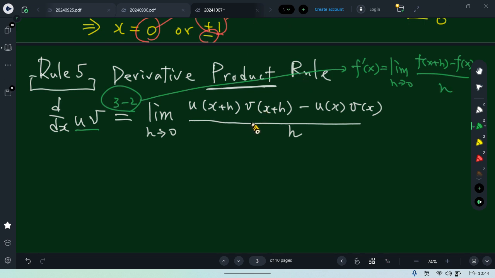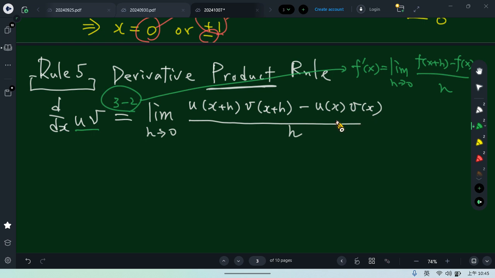If you cannot directly apply a rule to get the derivative, you can always find the answer through its original definition. So if we want to get this one, we also go back to its original definition. We follow the rule: limit as h goes to 0 of u of x plus h times v of x plus h, minus u of x times v of x.